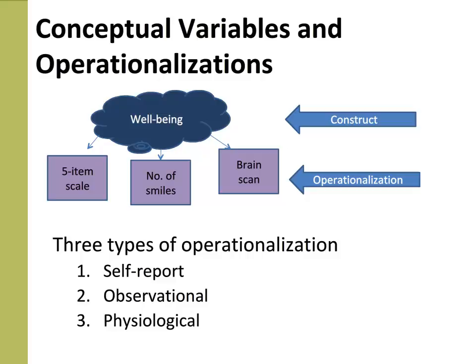One physiological method that is used frequently by psychologists is using an fMRI machine. These are brain scans that show where more blood is located in a specific brain region in real time. And this works under the assumption that if there's more blood in a specific region of the brain, it means that that particular region of the brain is working harder and being used than the other brain regions.